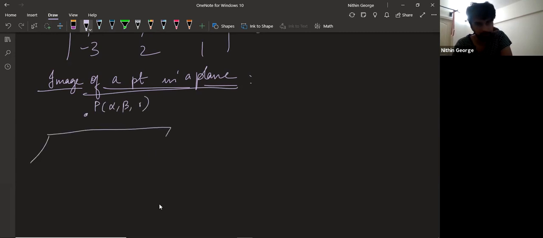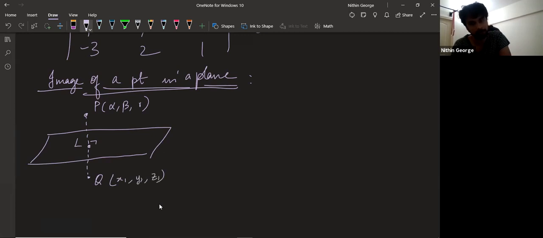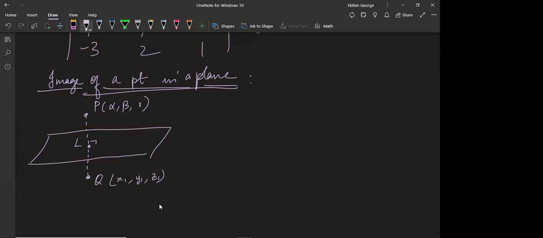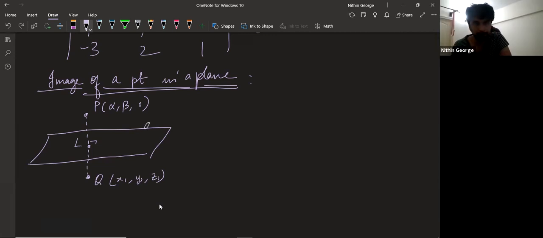You have some plane given here. We'll be drawing a perpendicular to this, meeting at some foot of the perpendicular L. And then you have to find the value of Q here, which is x1, y1, z1. This is the image. How do we go about this? Now, the plane will be ax plus by plus cz plus d equal to 0.